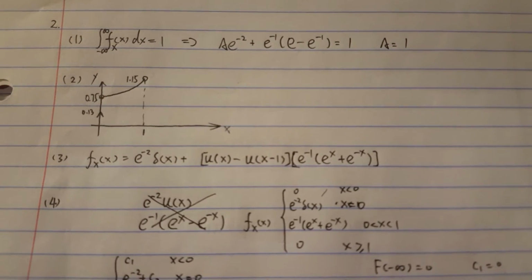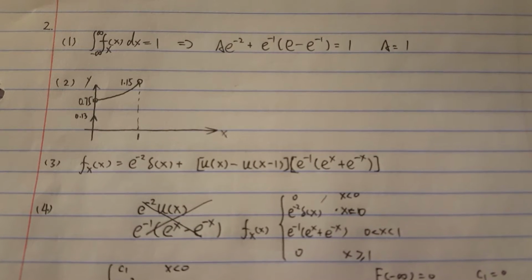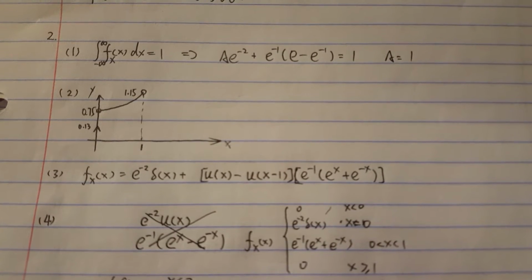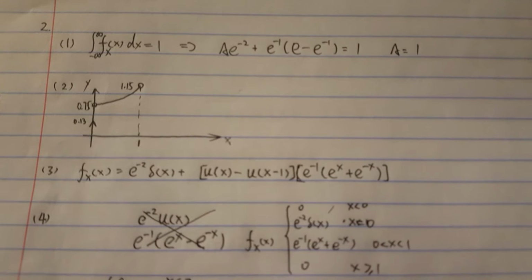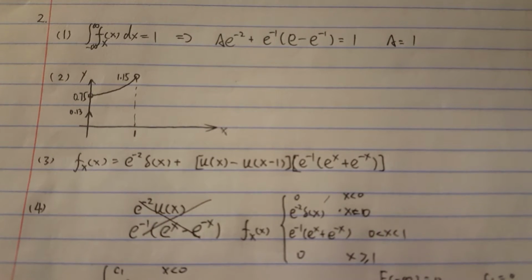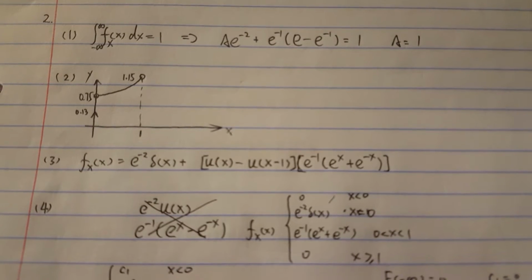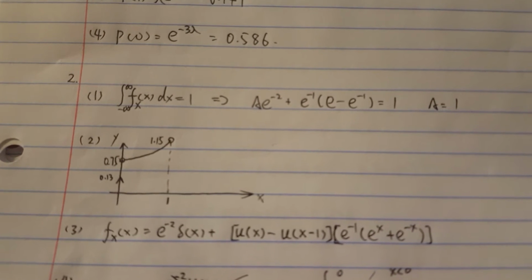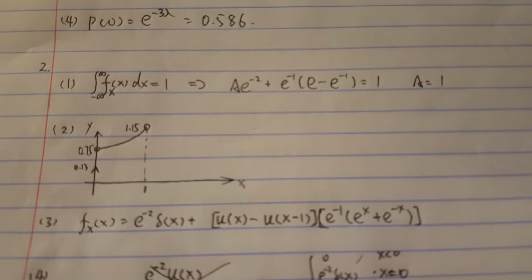Then when x is bigger than 0 and smaller than 1, it is a line between 1 and 0, as you can see in the figure. And when x is bigger than 1 or smaller than 0, f(x) is just 0. So we get the figure as I drew on my paper.